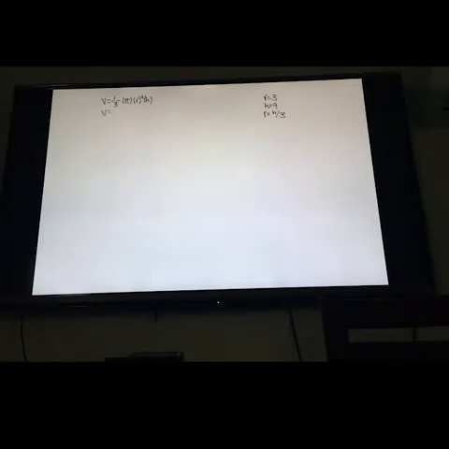Volume will equal 1/3 times pi times h over 3 squared times height, which will then equal 1/27 pi times h over 3 over 1.